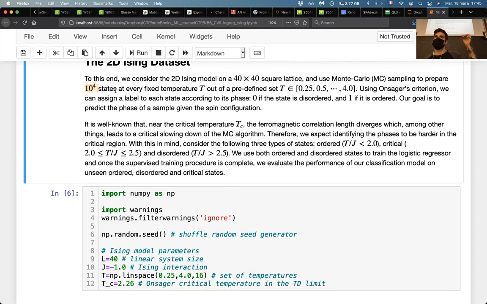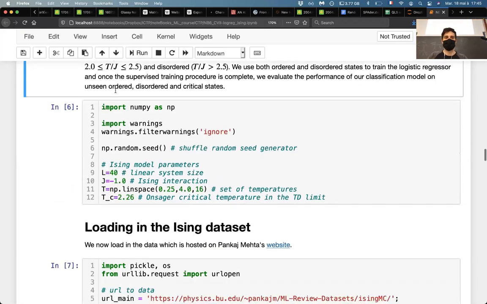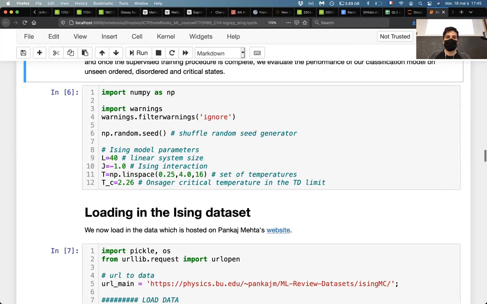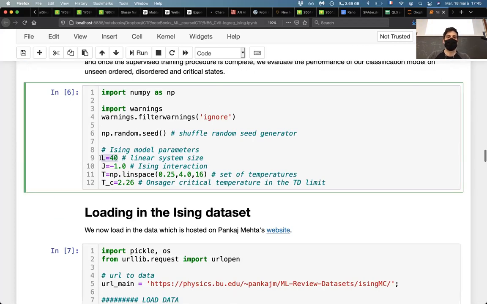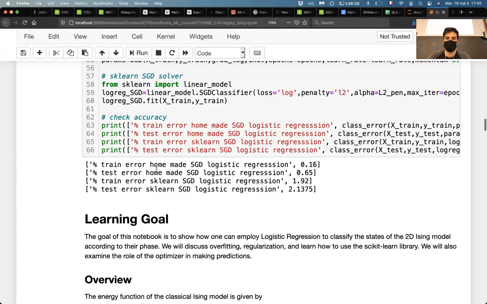So it's a large dimensional vector, okay? All right, so here I'm defining the size of my grid, okay? So we have a 40 by 40 system. This is the interaction strength. So it's -1. -1 means what?